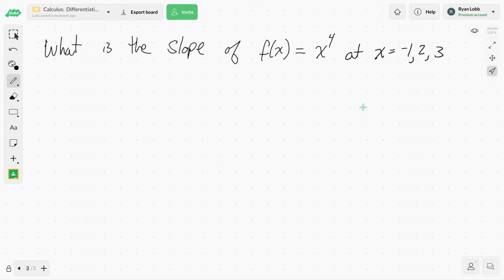So what's the slope at those values? Pretty simple question to answer here. In order to find the slope, when you see slope, think derivative. That's what slope is to us now. Slope is our derivative, so think that way. So in order to do that, we have to find f prime of x.